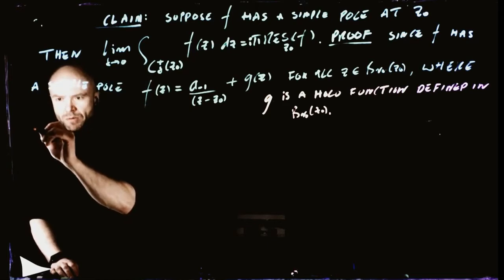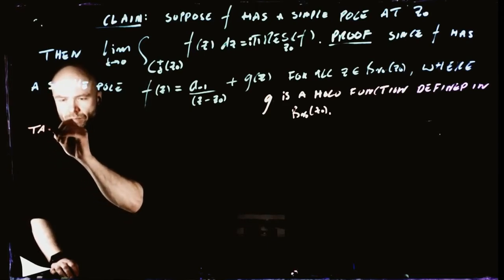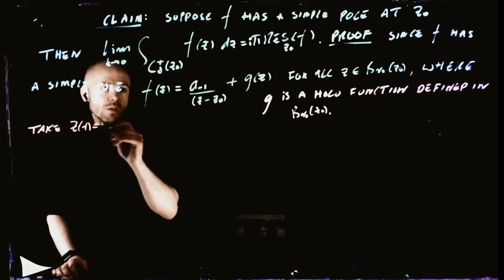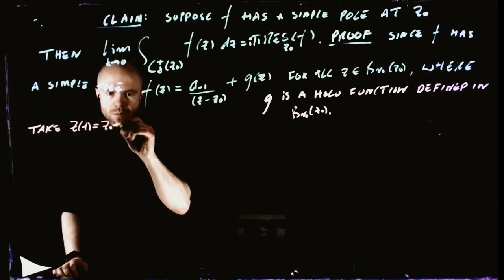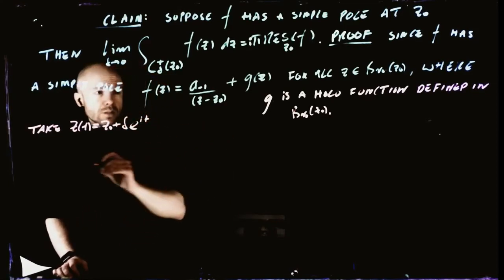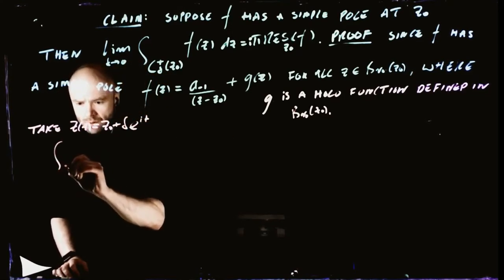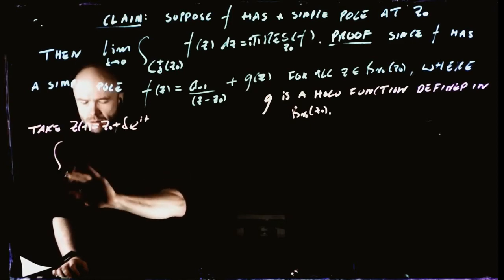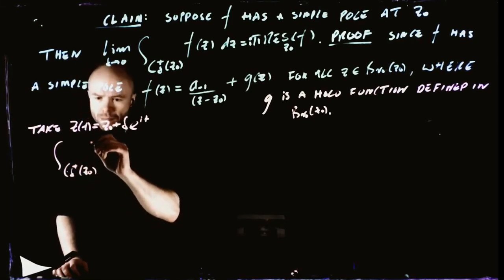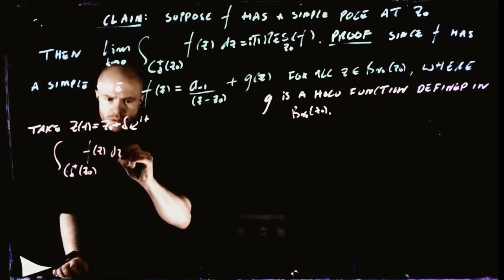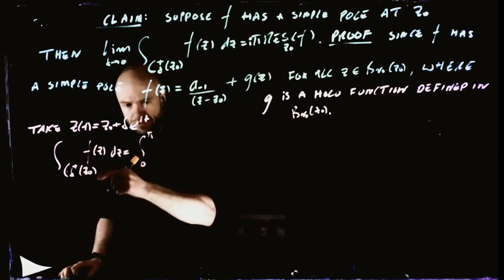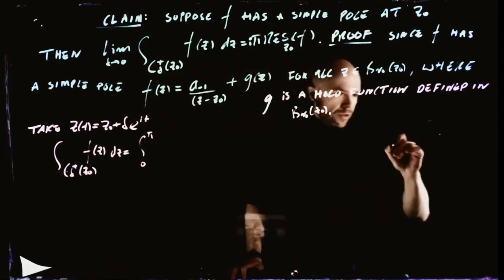So take a parameterization z(t) equals z0 plus delta e to the it, like this. And then put it into this thing. So then the integral over C delta plus z0 of f(z) dz is equal to the integral from 0 to pi. It's half of the semicircle, right? Let me draw a picture.